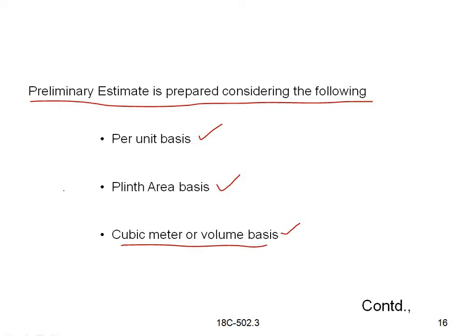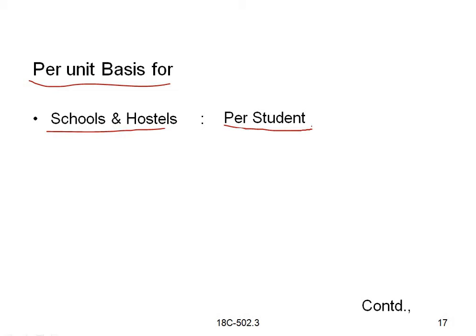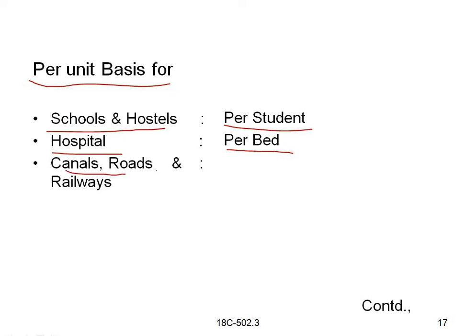In these three cases the preliminary estimate will be prepared. In the per unit basis, for schools and hostels, it will be prepared per student. For a hospital it will be per bed, and for canals, roads and railways, per kilometer length, meaning how much canal length should be constructed and how much length of roads and railways should be done.